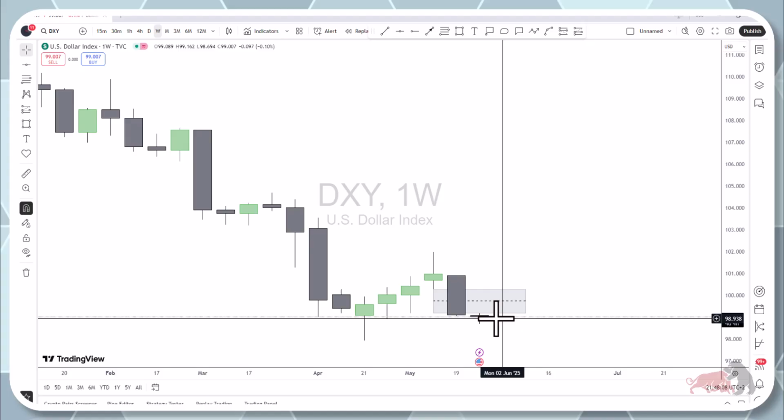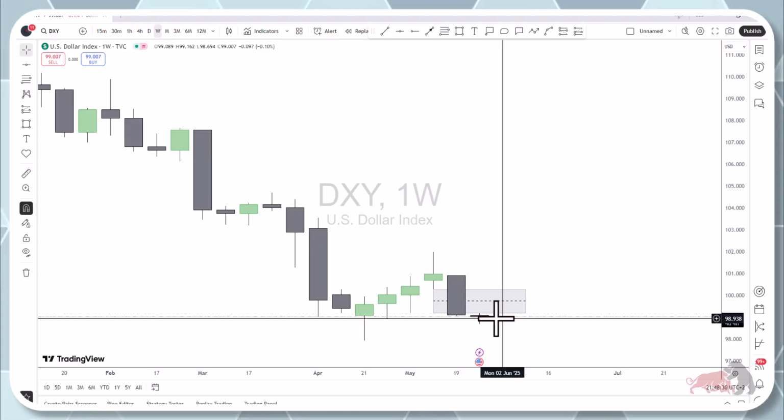We still need to stay flexible, because data can surprise us and create a strong reversal. But for now, the technicals, the macro, and the positioning all suggest we remain bearish biased on dollar, right?